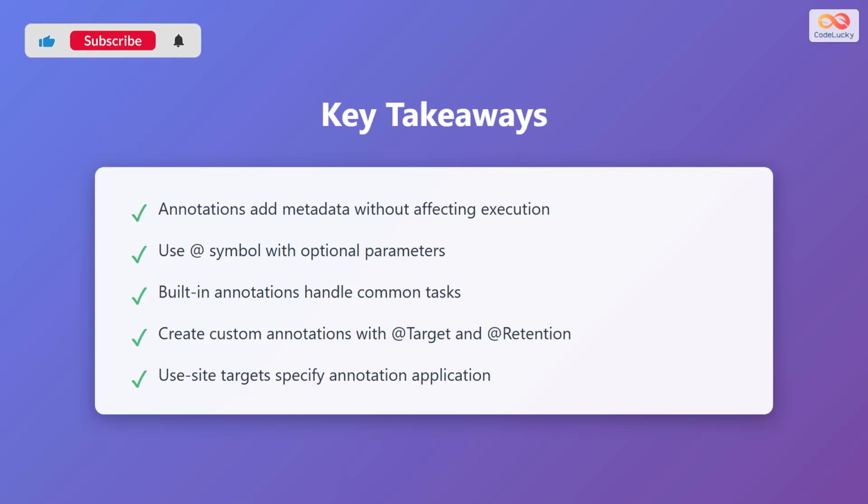Fourth, you can create custom annotations using the annotation class keywords along with @Target and @Retention to define their behavior. And finally, use-site targets give you precise control over where annotations are applied, especially for properties. With these fundamentals, you're ready to start using annotations effectively in your Kotlin projects.